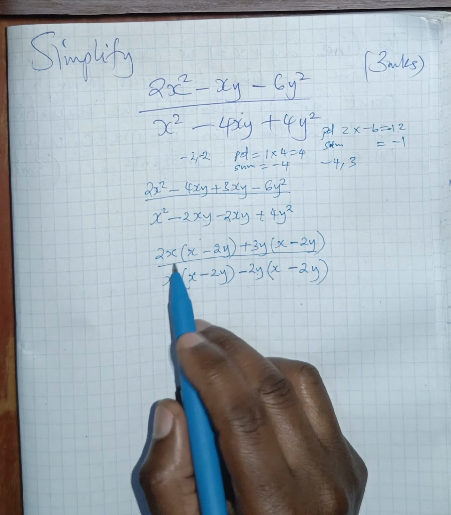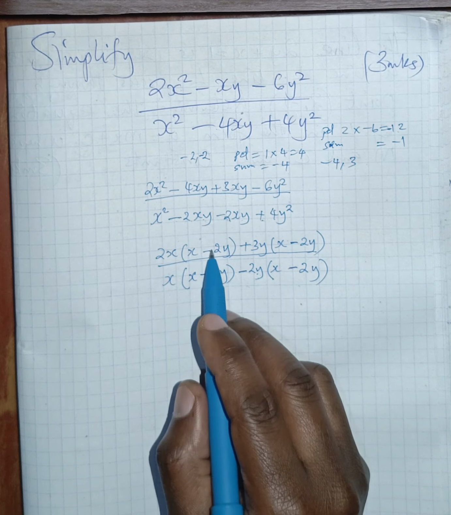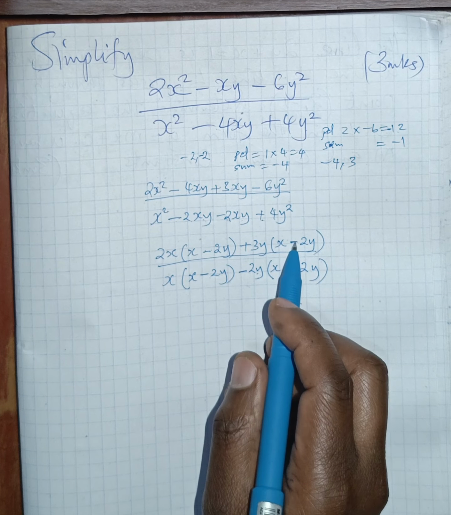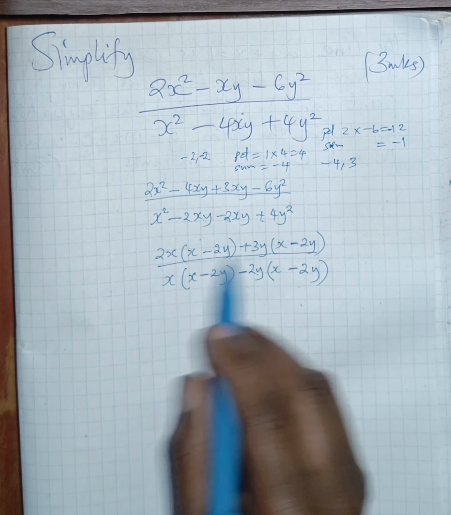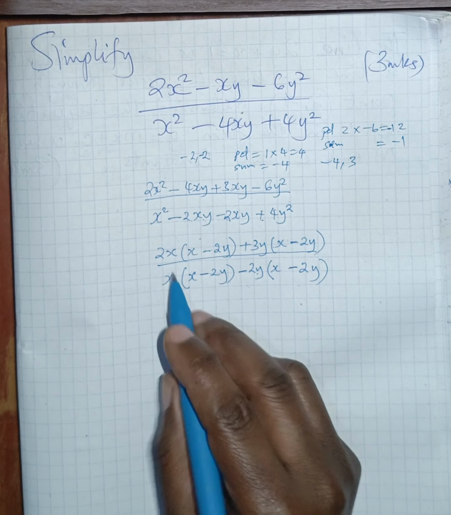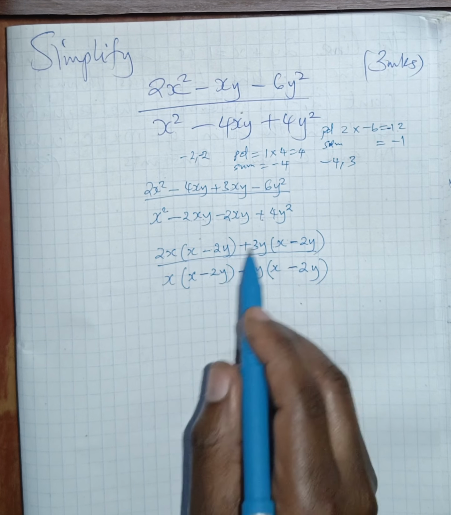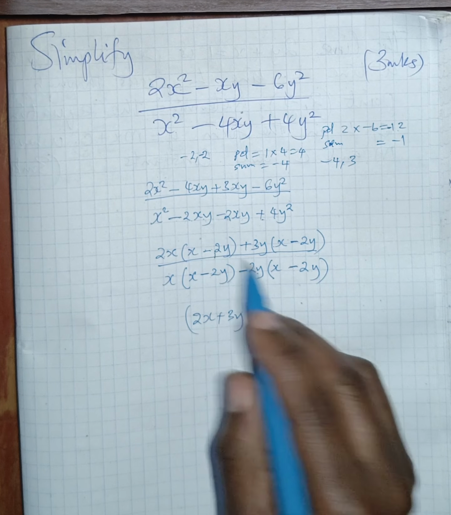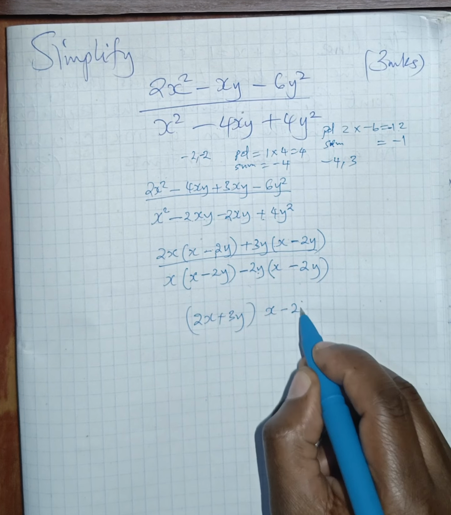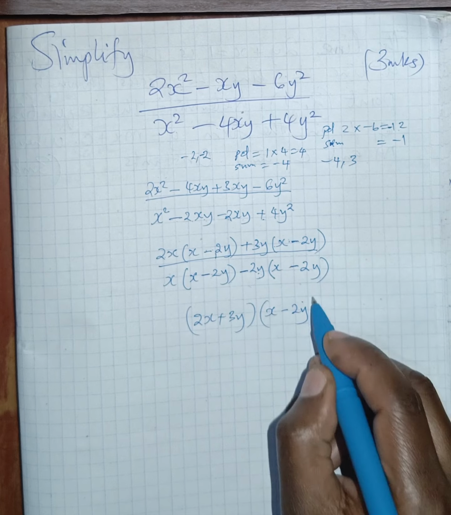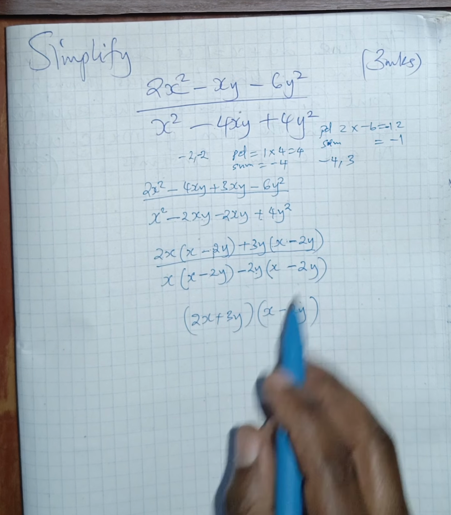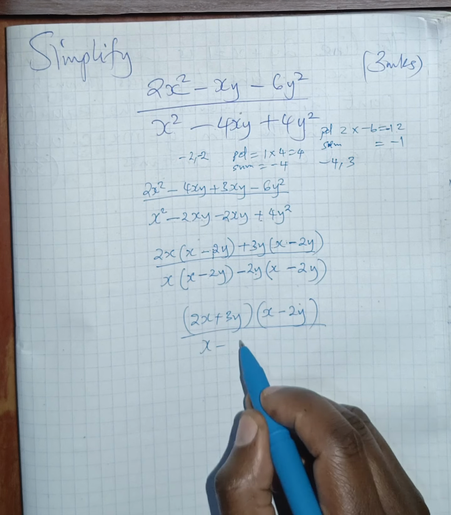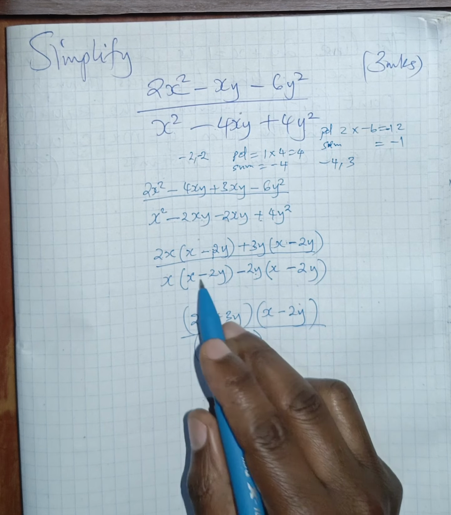So at this point, I now take what is common here and what is common here. I begin with the upper one, whereby I take 2x plus 3y times x minus 2y, because this is common in both parts. So I divide by x minus 2y, which is common.